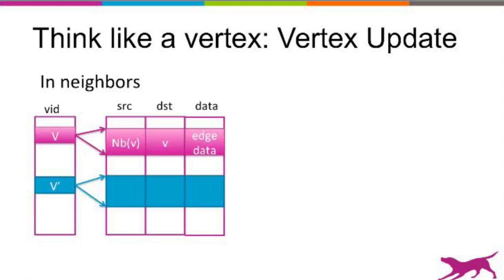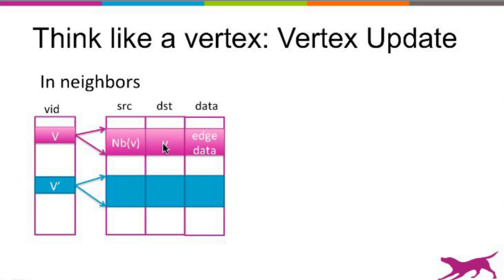However, thinking like a vertex, or programming using a vertex update function, has a strong requirement on the system or the representation: when you want to perform any vertex update on V, it requires a quick or constant-time lookup of all the edges that have V as a destination node.